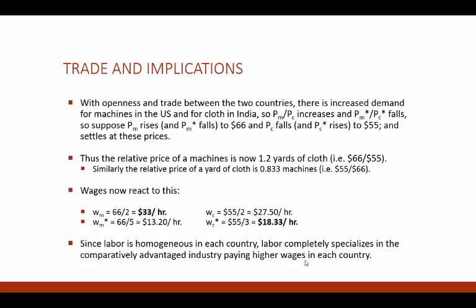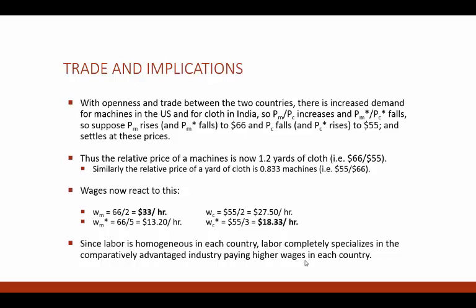Relative prices now change and differ from their opportunity costs in both countries. The relative price of a machine is now 1.2 yards of cloth. This is higher than the opportunity cost of producing a machine in the US and lower than the opportunity cost of producing a machine in India.